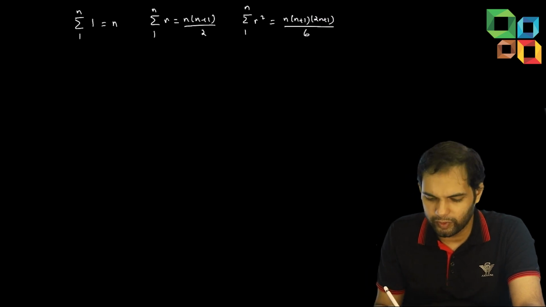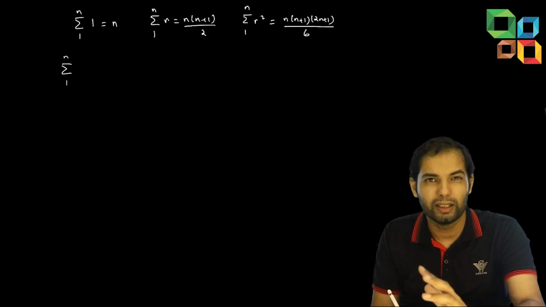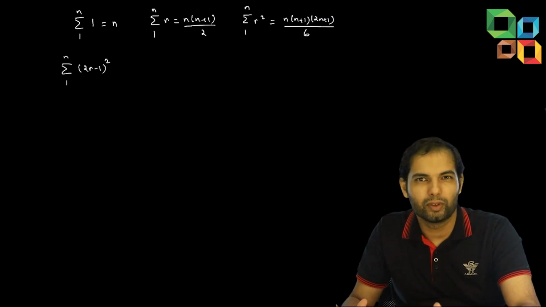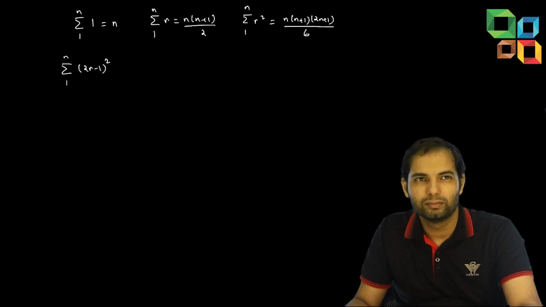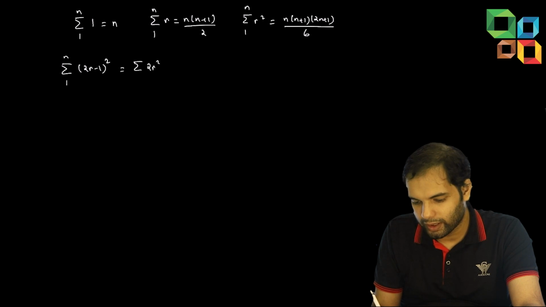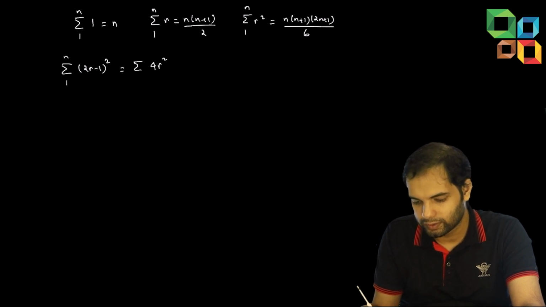In the last problem, we were interested in summation from 1 to n of 2r minus 1 whole square. So can you see what this is? I have to square it, so it will be 4r square minus 4r plus 1, isn't it?